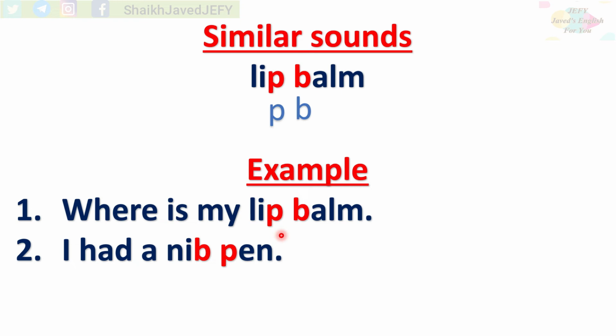Okay, like lip balm, lip balm. There's no need to do that. You can link them and you can say fluently. Now listen to me. Where is my lip balm? Lip balm, like that. Or I had a nip pen, like that. So p and b, these are similar sounds. We can actually link them.